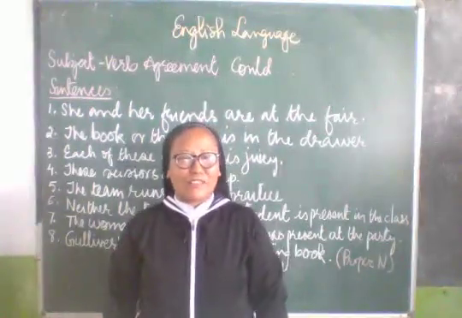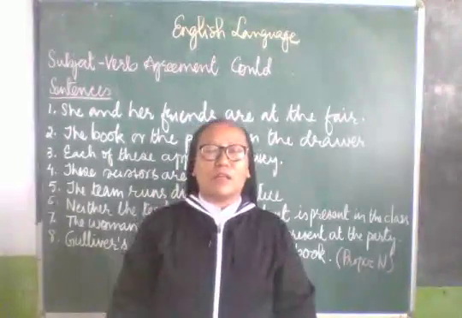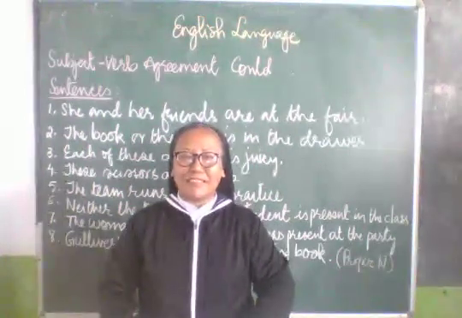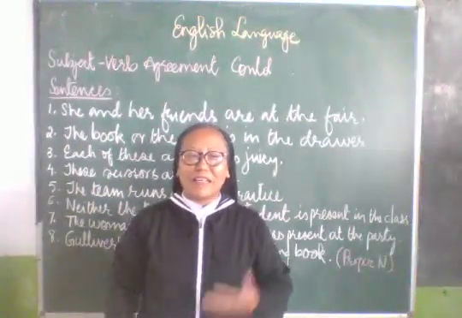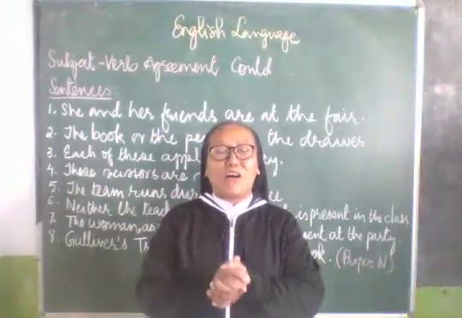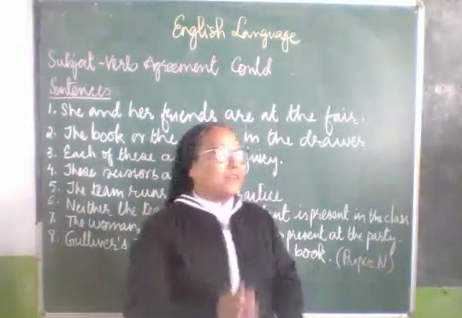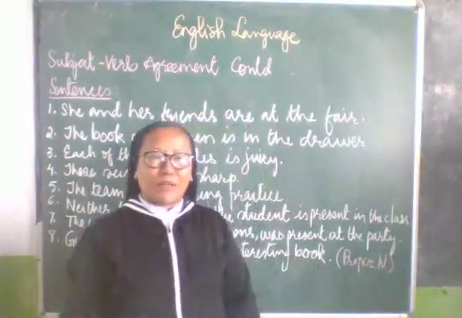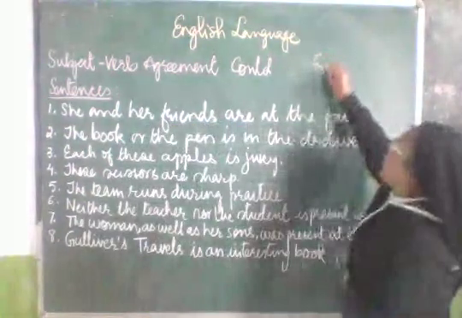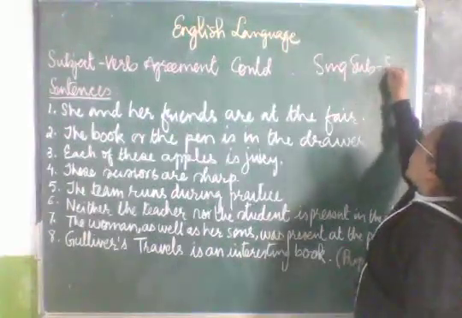Okay, so children, as you know, subject-verb agreement means we have to make sure that subject and verb get along, match. The basic thing you need to remember for this is: singular subject takes singular verb.